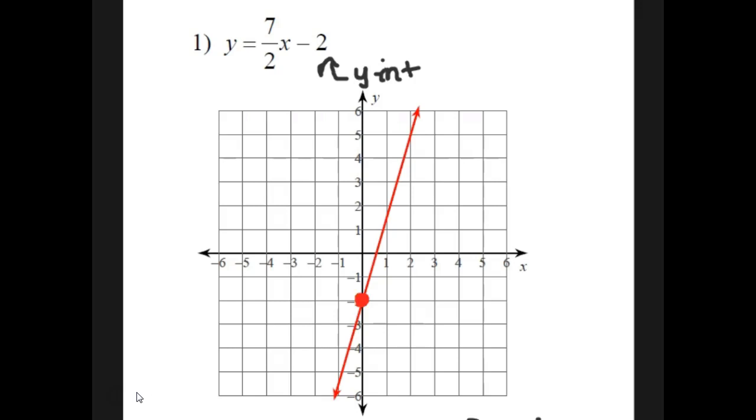And then from that point, you apply your slope: you go up 7, 1, 2, 3, 4, 5, 6, 7, and then over 2, 1, 2, and there are your 2 points.